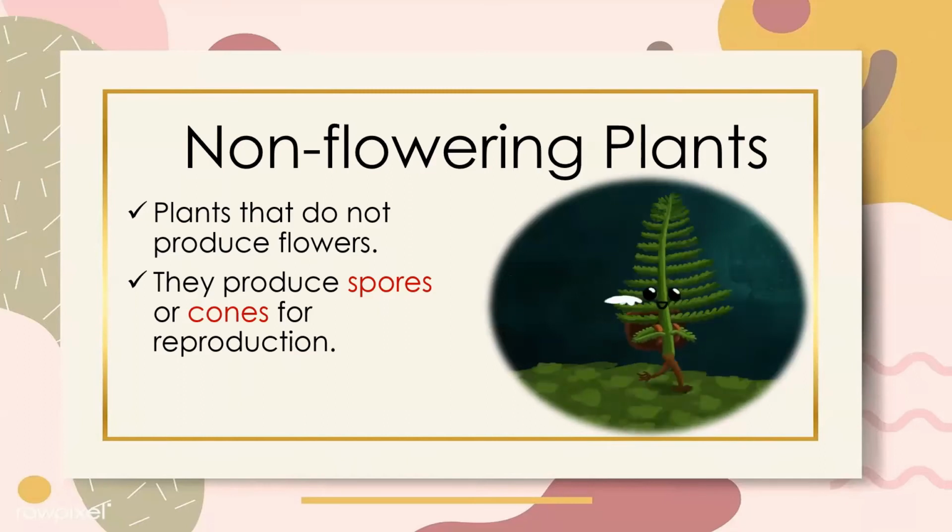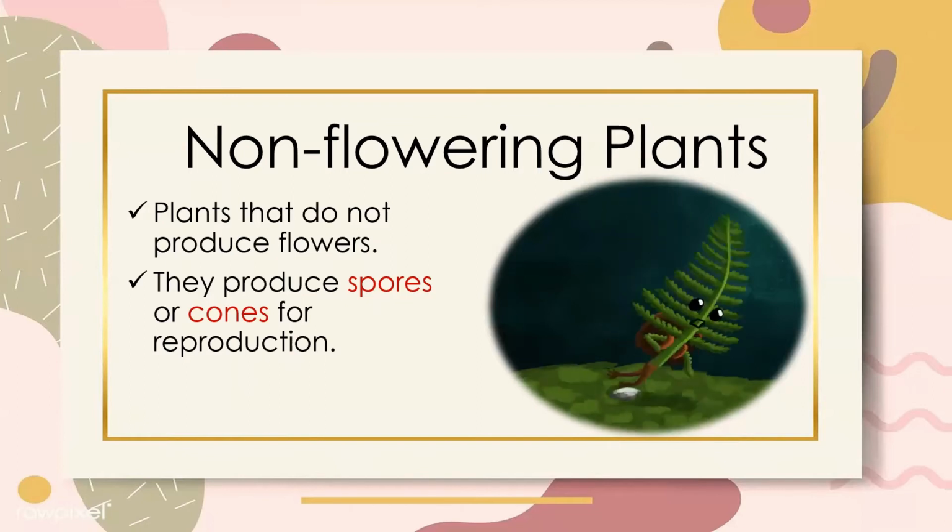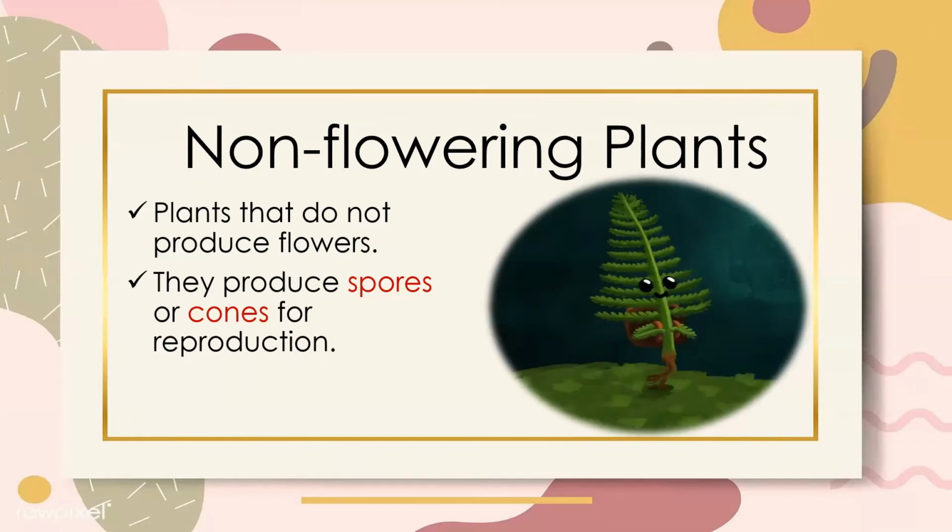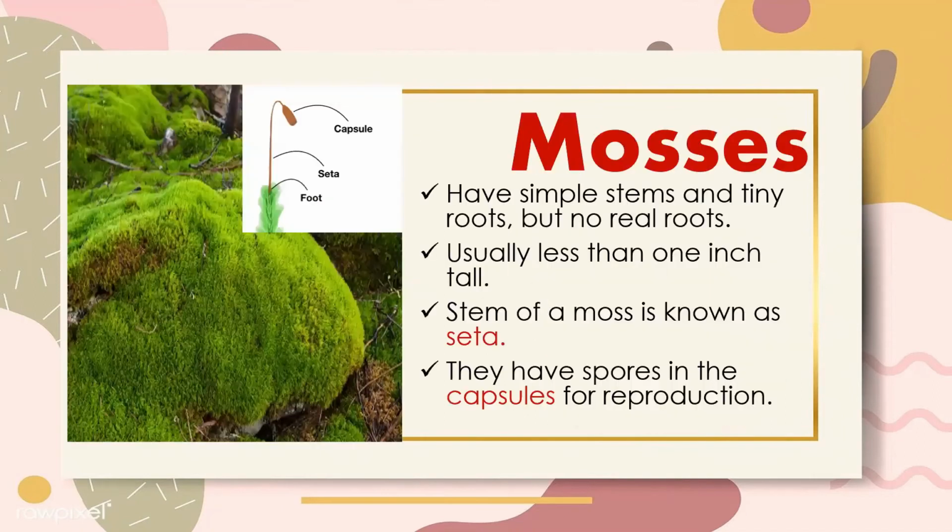Again, non-flowering plants do not produce flowers, but they produce spores or cones. Okay, so what you can see on the screen is an example of non-flowering plants. So, first we will talk about mosses.